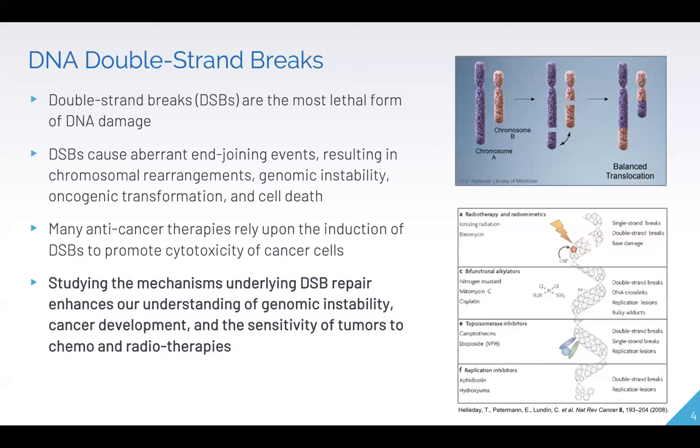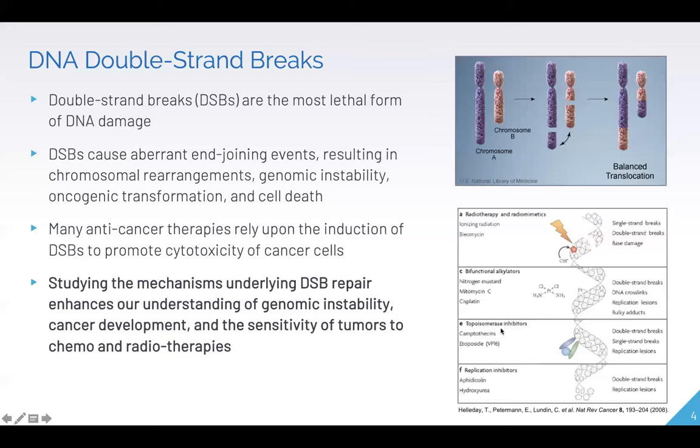And when these get repaired, they often involve the formation of double-strand breaks, as we will see. But if these happen at a very high frequency, then these double-strand breaks cannot be repaired and ultimately kill the cells. And this is why platinum, for example, is still probably the most commonly used chemotherapeutic for cancer patients.